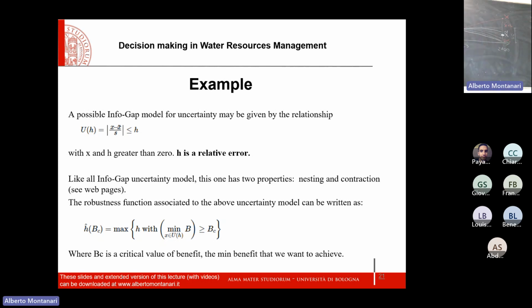And then you put into the equation that you see on the screen the critical value here, and you impose that uncertainty H, which is a quantification of the true uncertainty, is lower than the value of H that corresponds to XC. Is it clear?